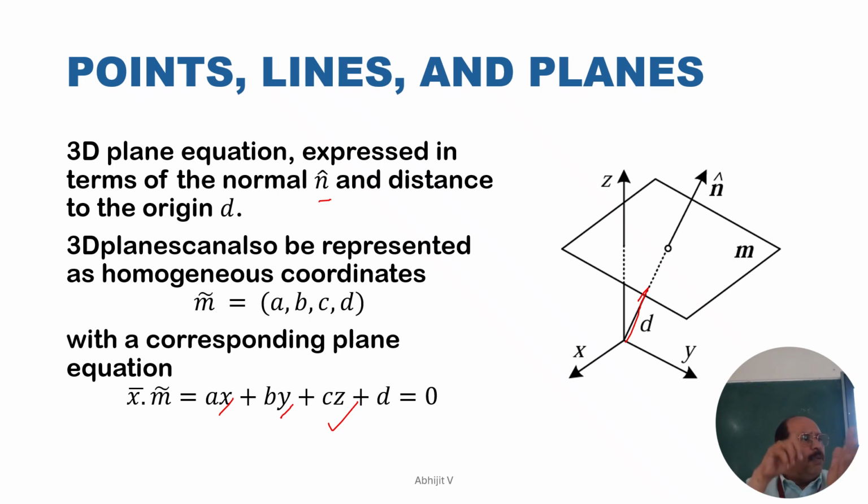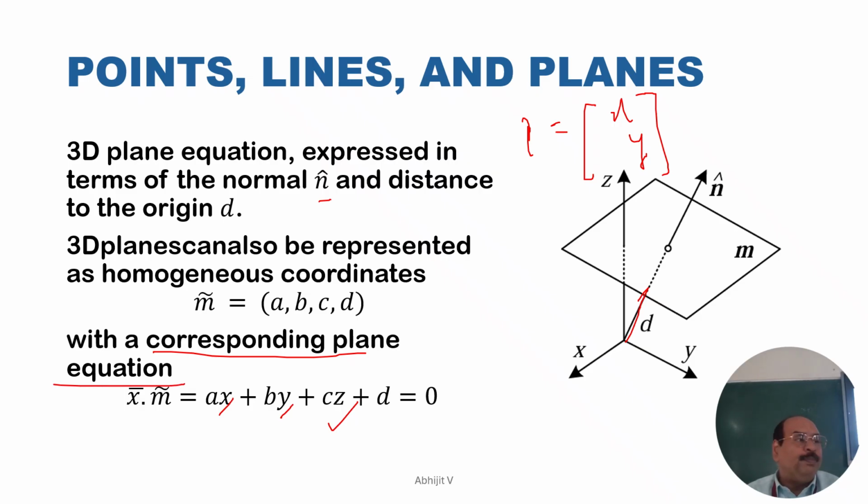A 2D point will be represented in terms of x and y as a column vector like this, right? X is equal to x, y. This is a column vector. Okay? Is that clear? So we have the corresponding plane equation also.